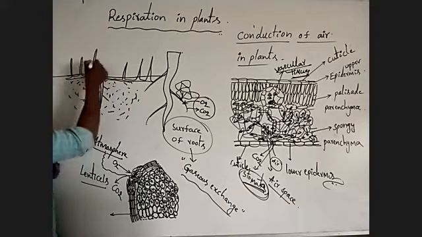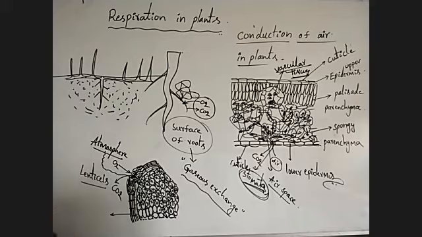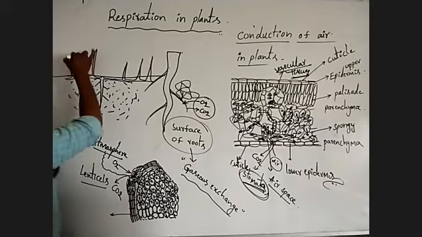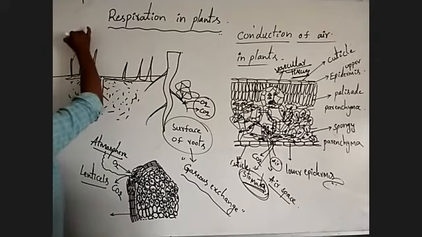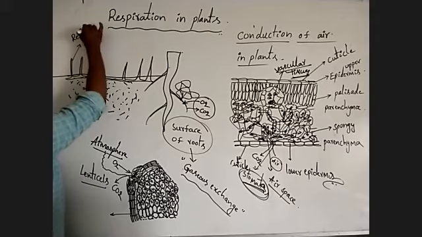These types of vertical roots grown above the soil are called respiratory roots.